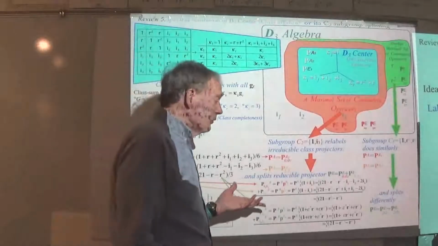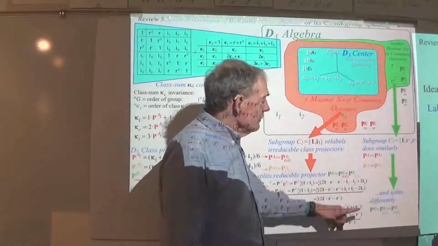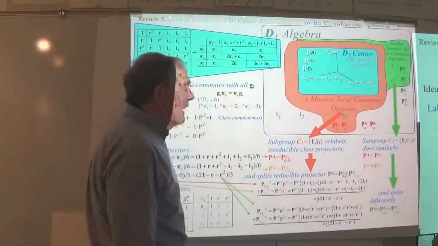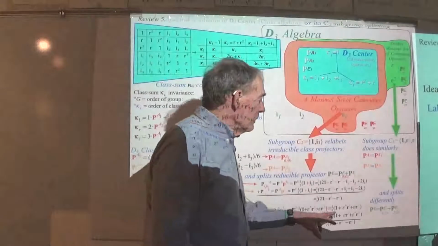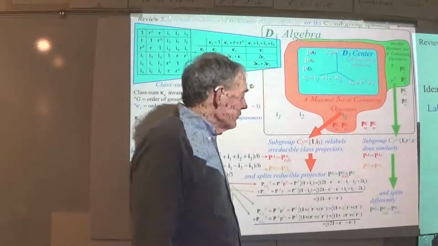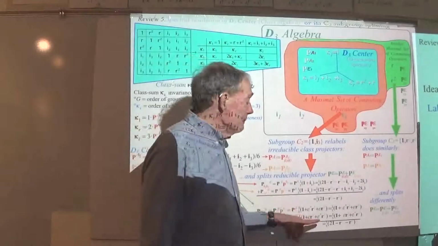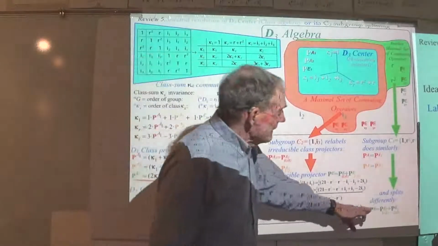It splits it in 2, but a very different 2. And these coefficients here are all e to the 2 pi i over 3, or its inverse, conjugate, whatever you want to call it. So these numbers here are definitely complex. But still, you sum this one up, you get your all commuting projector back again.